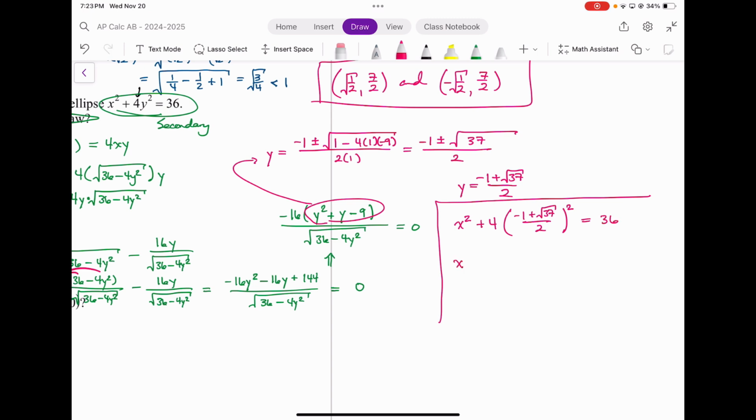Okay, so this will be x squared plus 4 times, let me do it like this, (negative 1 plus square root of 37) squared over 4 equals 36. Right, now you can see those 4's cancel.